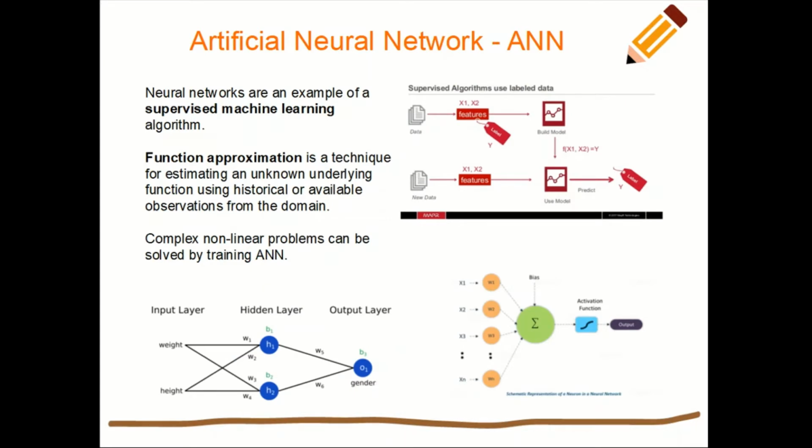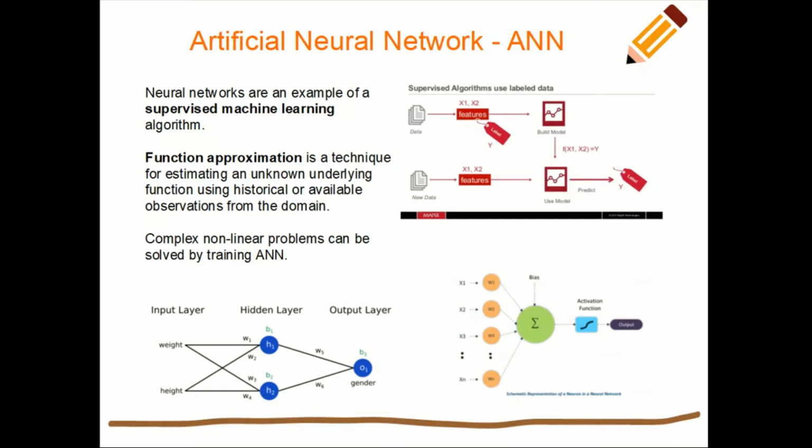Artificial neural network is fundamentally a supervised training algorithm. It basically can be used as a supervised training algorithm. The advantage of using an artificial neural network over other ways of doing supervised training is that it can learn complex nonlinear relationships between input data and the target or label values.